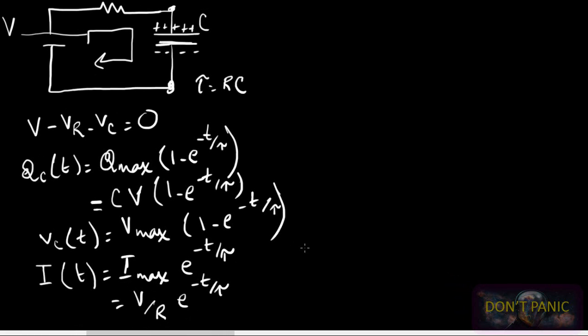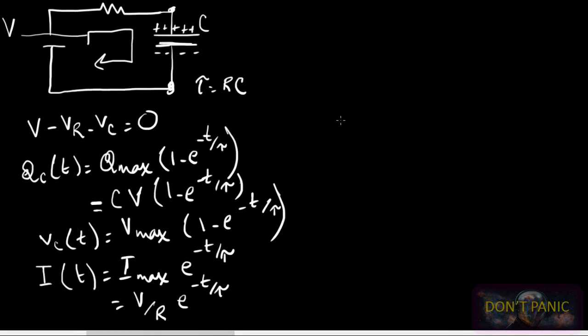Graphically, let's look at the charge across the capacitor. If you plot the charge across the capacitor as a function of time, this is the possible Q max, which is also equal to C times V max, where V max is the voltage of the battery.